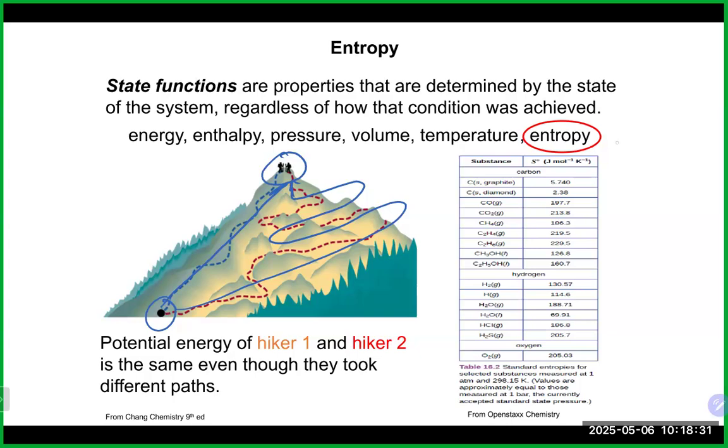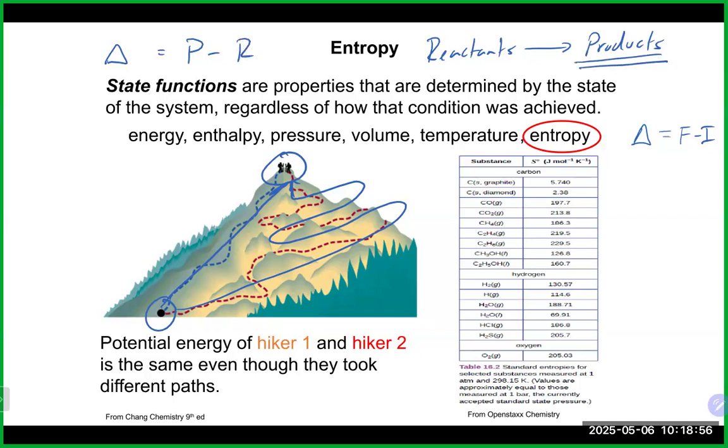And that's why a lot of times we will do the change in something as final minus initial state. And in a reaction, when we think about a reaction, we have our reactants that go to our products. So a lot of times with thermodynamic type properties, we find the change in whatever it is by taking the products minus the reactants, as the products is really our final state and the reactants is our initial state, right?